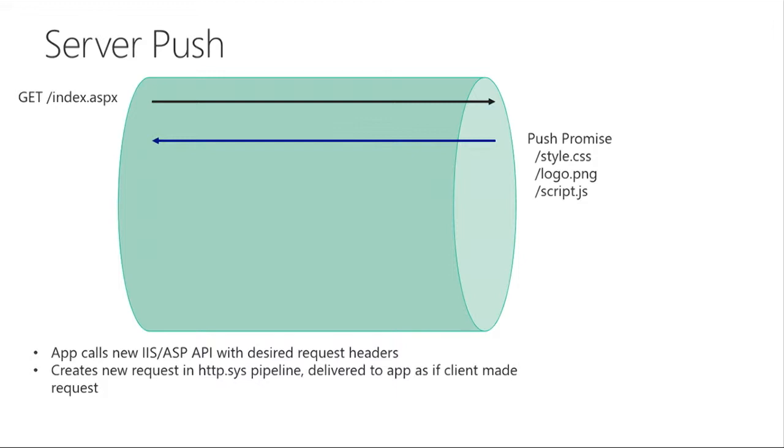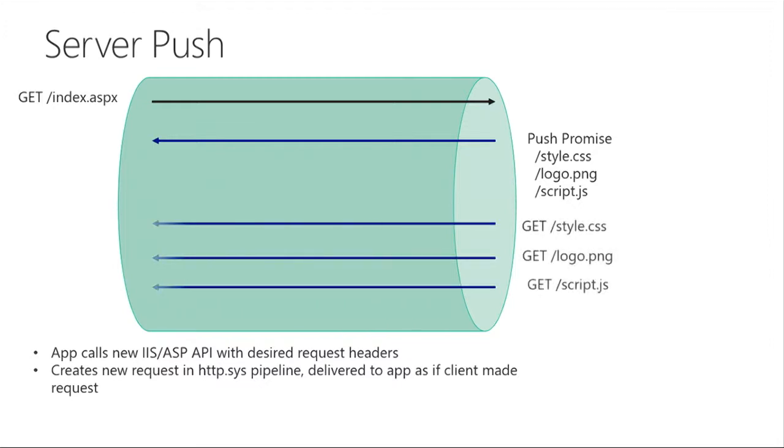A push promise is a list of all of the resources that we intend to push. We're advertising to the client, here's a list of things that we want to push to you. This is the list that the server application generated and called into ASP.NET. So we send this message across with a list of all the resources we intend to push. And then we can begin pushing on those streams.